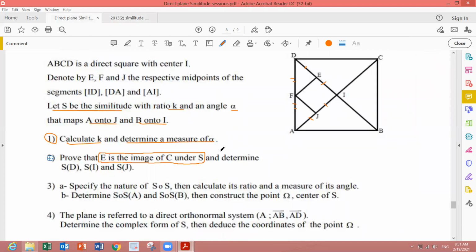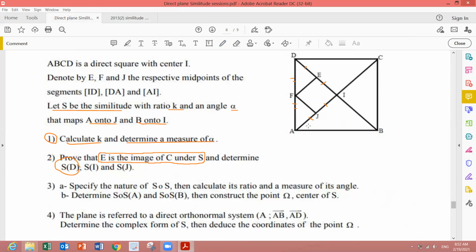And determine S of D. We can take it with one of the points here. Or we have proved that ABCD is a direct square, then S of ABCD will be a direct square.